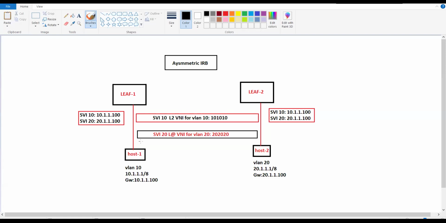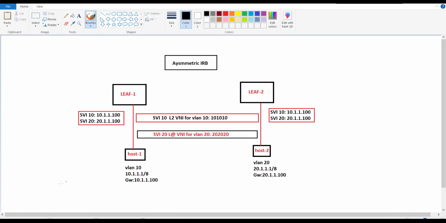Host 1 is in VLAN 10 and connected to leaf 1, with IP address 10.1.1.1 and gateway 10.1.1.100. Host 2 is connected to leaf 2, in VLAN 20, with IP address 20.1.1.1 and gateway 20.1.1.100. On leaf 2, as discussed, you can also see both the SVIs.